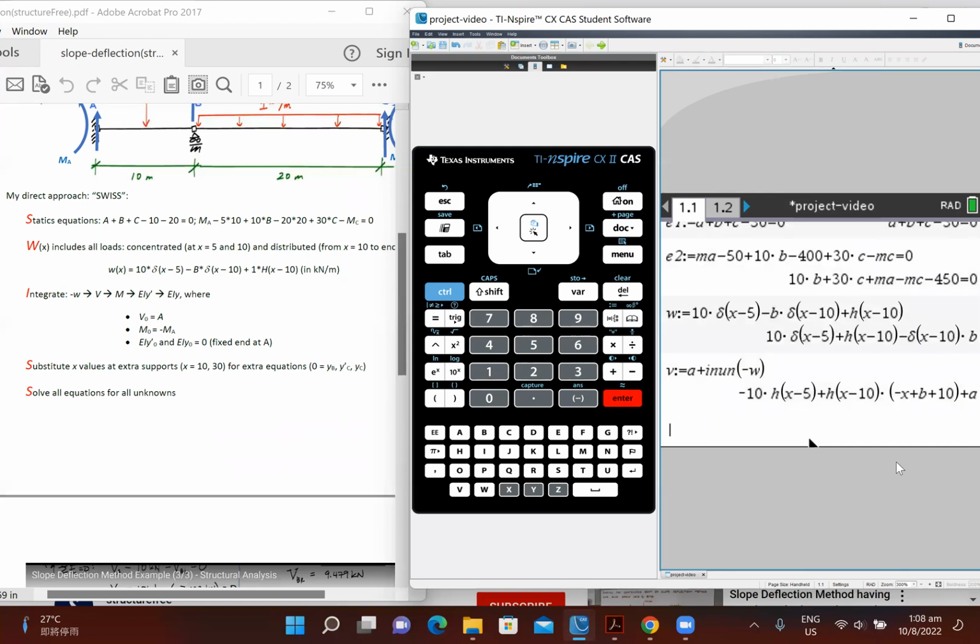Actually, why don't I just show you the result? Okay, so it will involve some step functions again. But this time, let me do it all in one line.